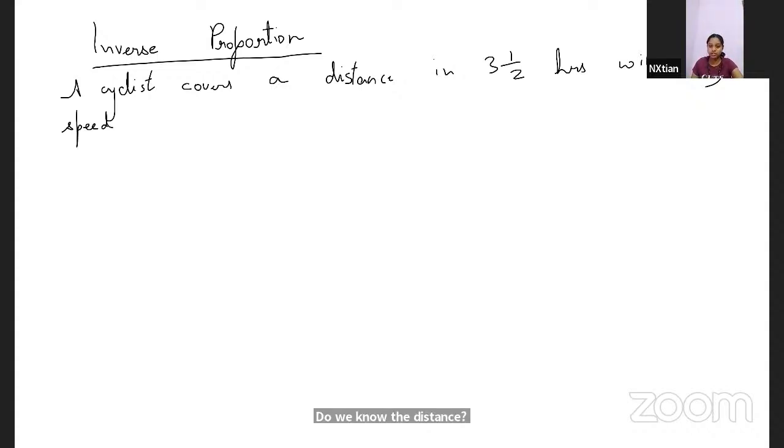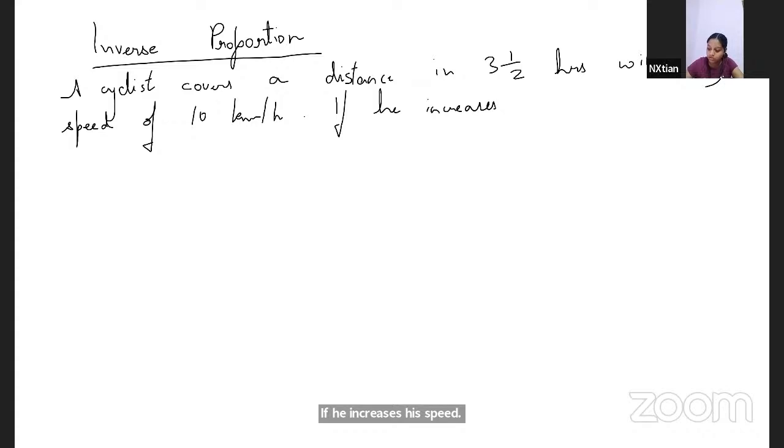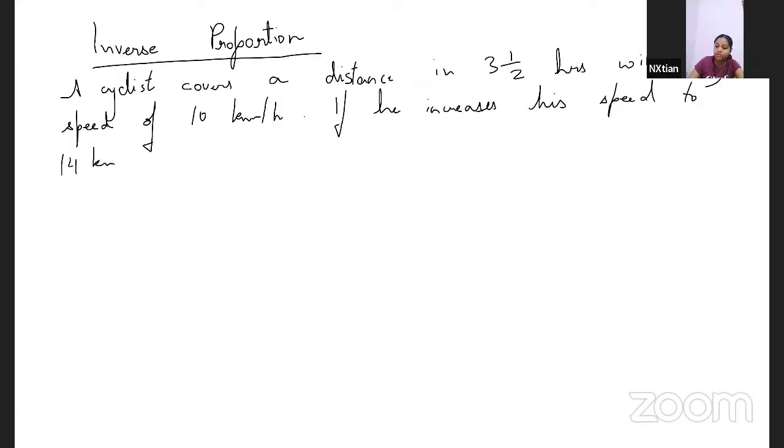No, we don't know the particular distance, but we know the time period and the speed of 10 km/h. If he increases his speed to 14 km/h, what will be the time taken to cover the same distance?